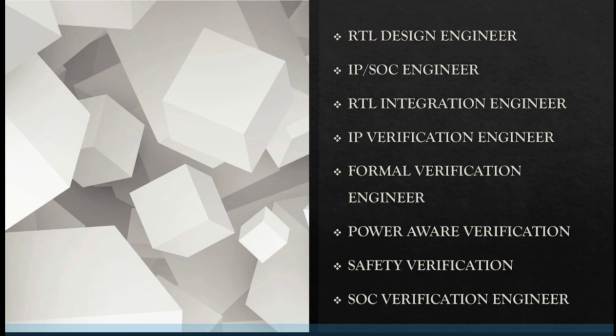So if you are an RTL or design verification engineer, it is not mandatory that if you are an RTL engineer, you will be doing only the job of the RTL design engineer. You can be either an SOC engineer or RTL integration engineer. So these three categories come under one thing: RTL design engineer, IP or SOC engineer, RTL integration engineer.